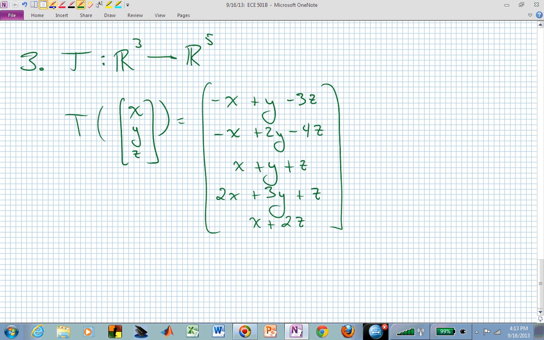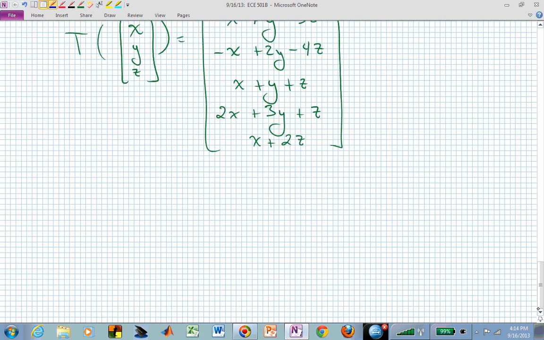In order for T to have a non-trivial null space, something other than the 0 vector, something other than x equals 0, y equals 0, and z equals 0, then we need all 5 of these equations to simultaneously equal 0. We need to find values for x, y, and z that simultaneously satisfy those expressions equal to 0.